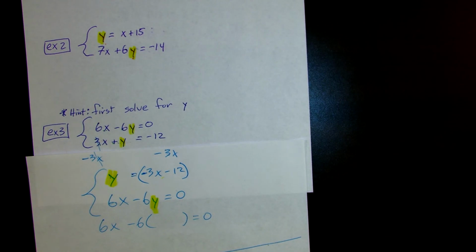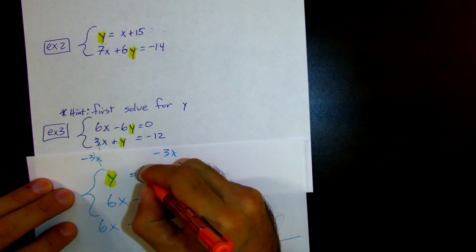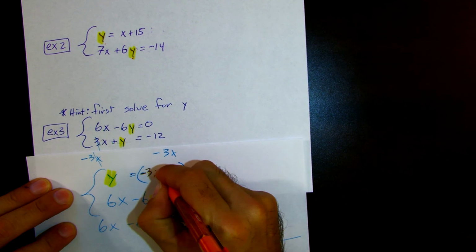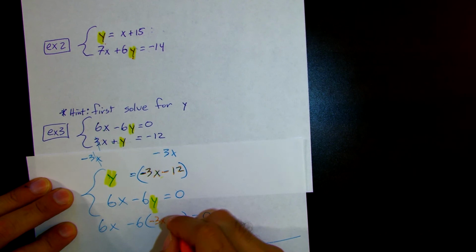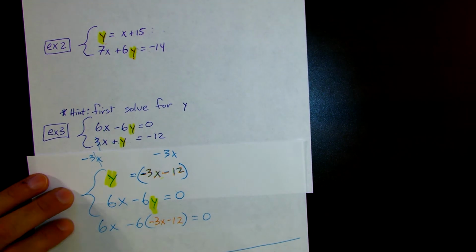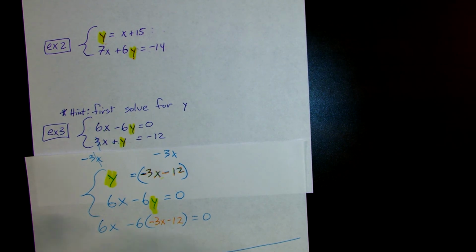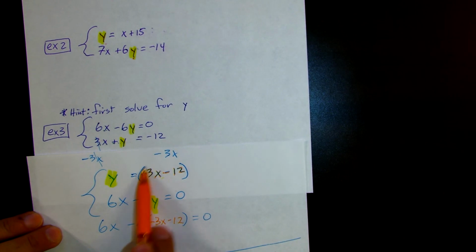Now, what I'm going to put in there is my negative 3x minus 12. You see? Because y is equal to that.